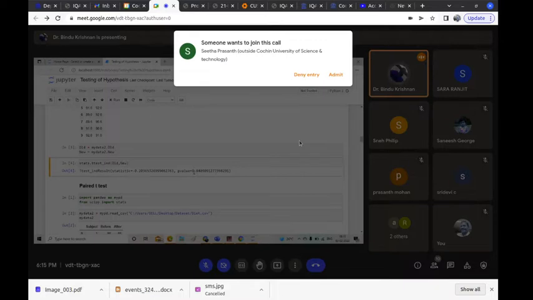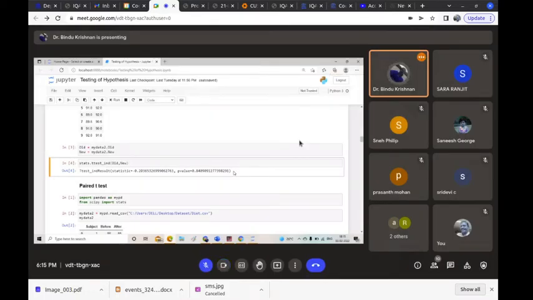If the p value is less than 0.05, that significance level alpha, we reject the null hypothesis. But look at this p value, 0.84, it is greater than 0.05.